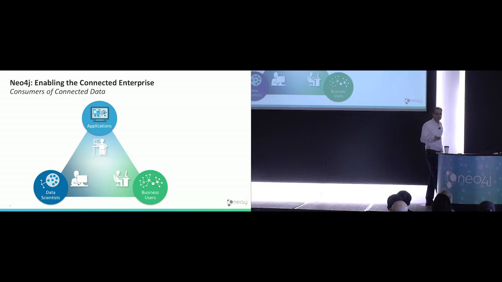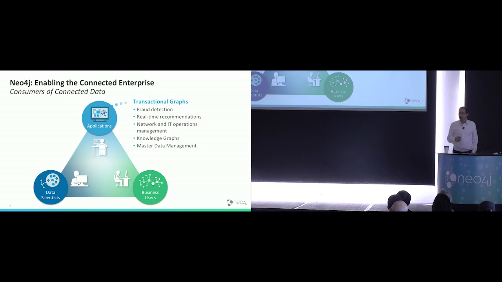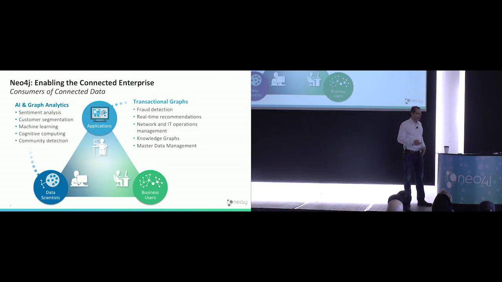And these each map to different kinds of requirements. Applications need transactional graphs. These are your websites and so on. Data scientists need tools to be able to access the graph directly, run queries, write algorithms, run algorithms, and integrate with their existing analytics tooling.